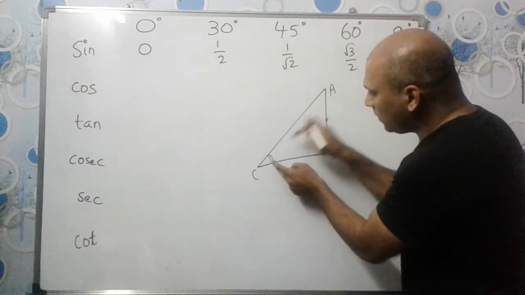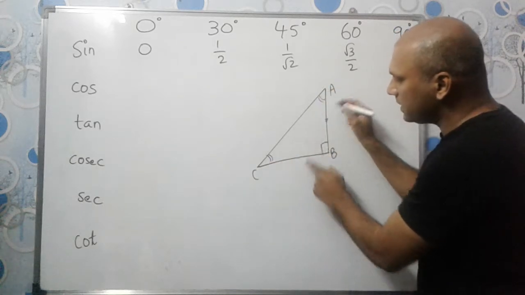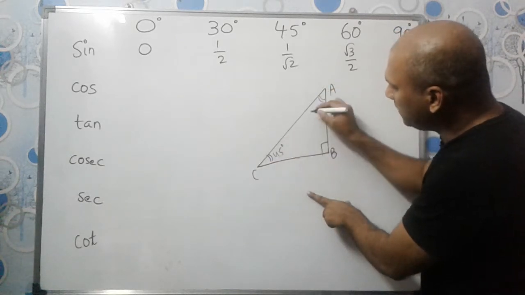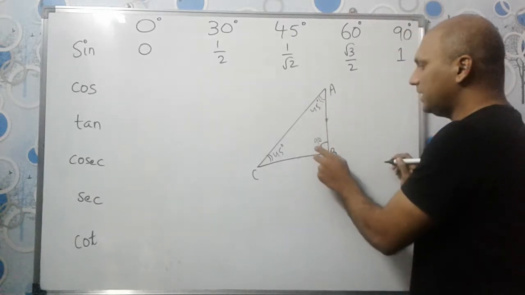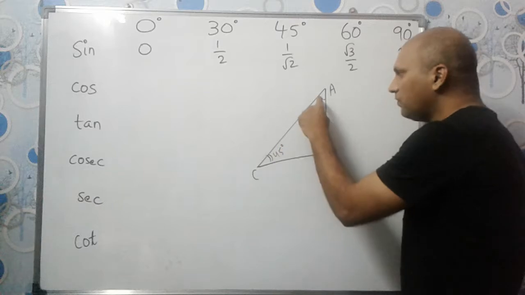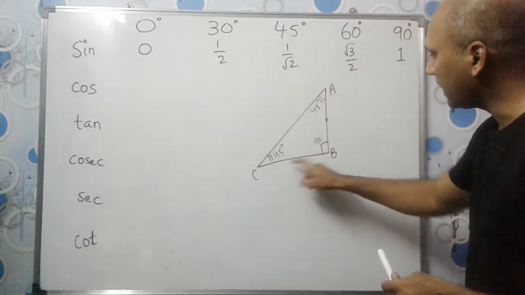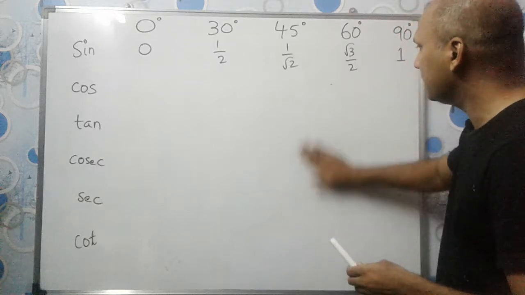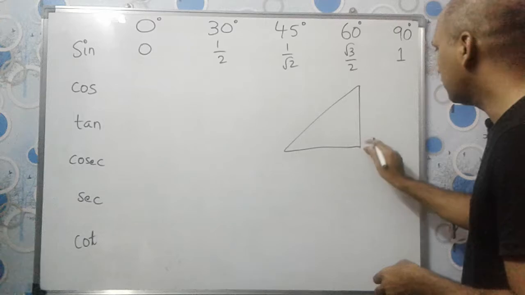When these two sides are equal, their opposite angles will also be equal. So angle A and angle C will be equal, so it should be 45. Angle A should be 45. This is 90 because 90, 45, 45 will give us 180 degrees, and the sum of angles in a triangle should be 180 degrees. So I hope you understood why we are taking 45 degrees here.